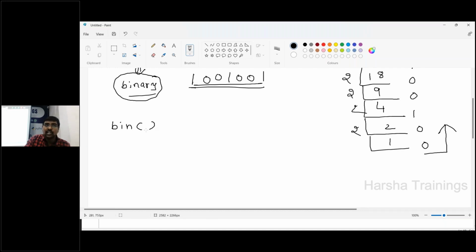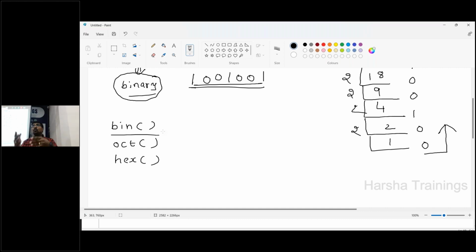The first function name is bin, second is oct, third is hex. bin converts any base into binary format, oct means convert into octal format, hex means convert into hexadecimal format.